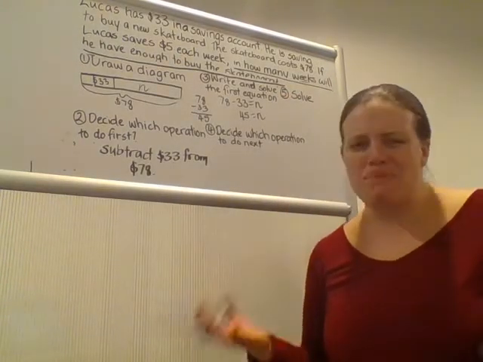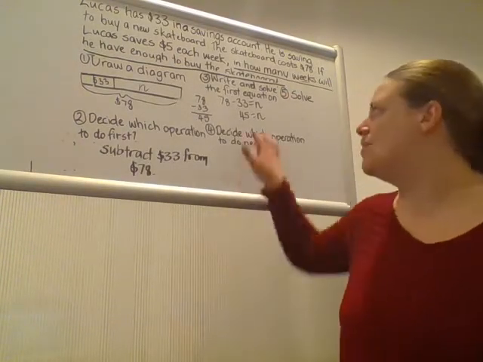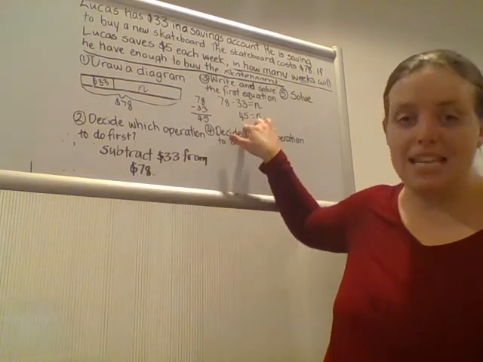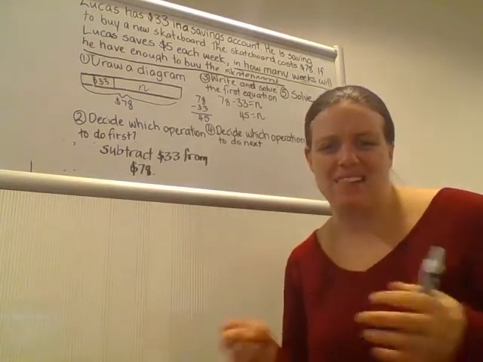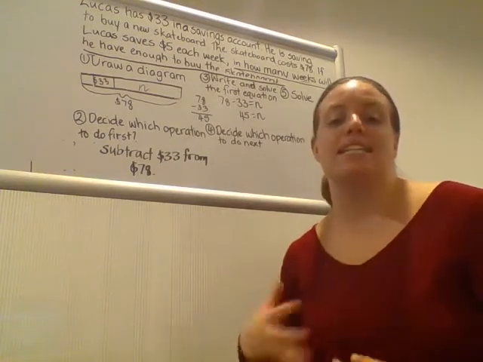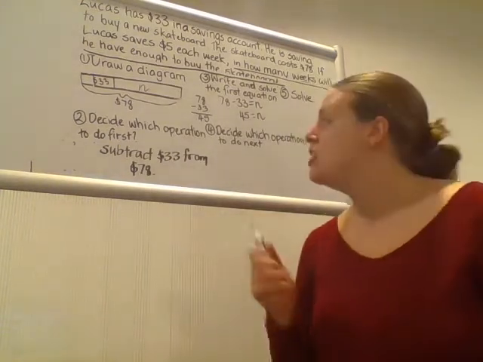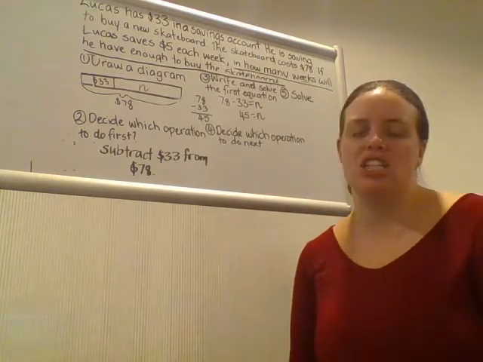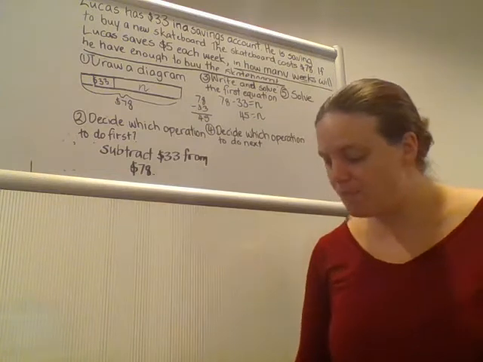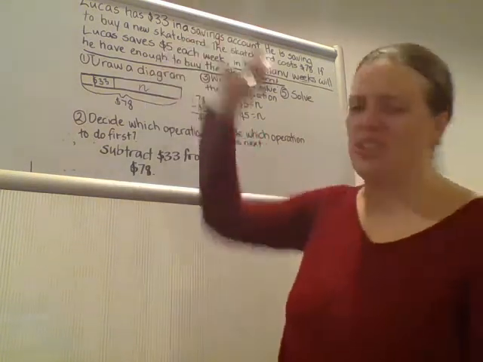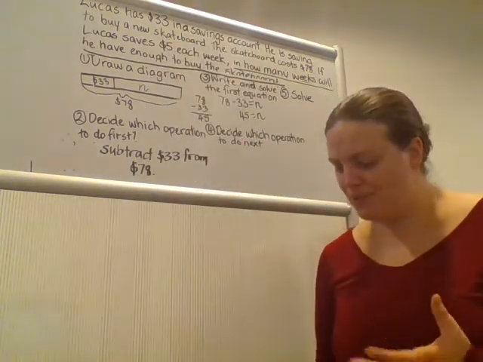All right, but that's not the end of the problem because all we know now is that Lucas needs $45 more. We don't know yet how long it's going to take him to save that. So the next thing we're going to do is decide which operation to use next. So we know that Lucas saves $5 each week.